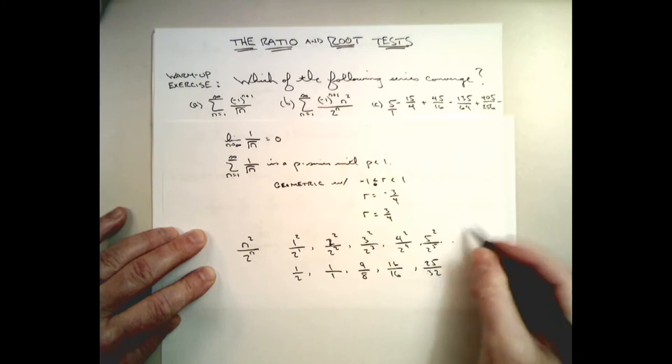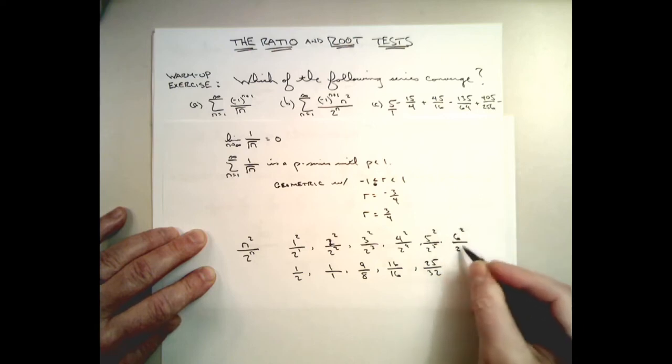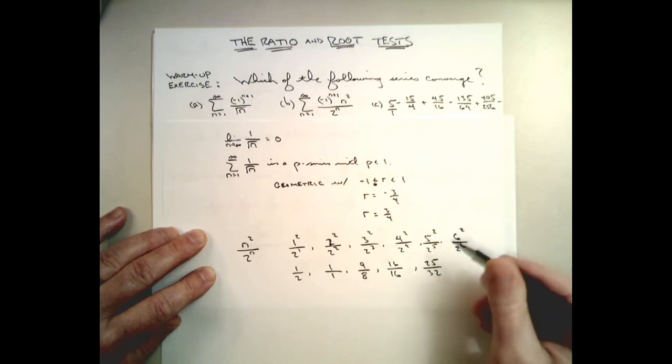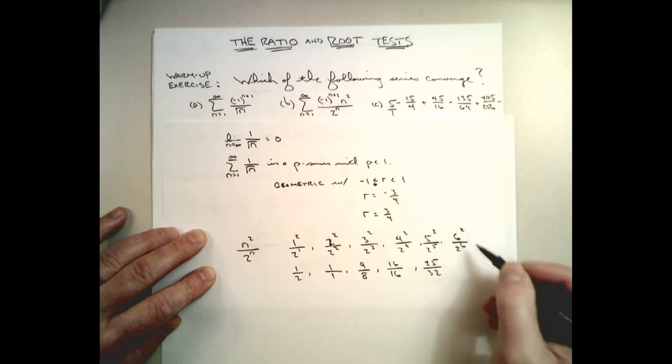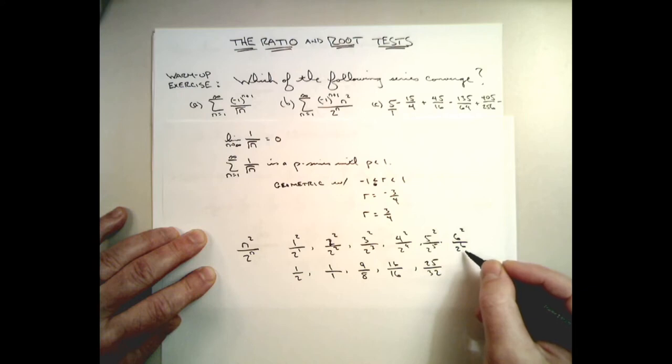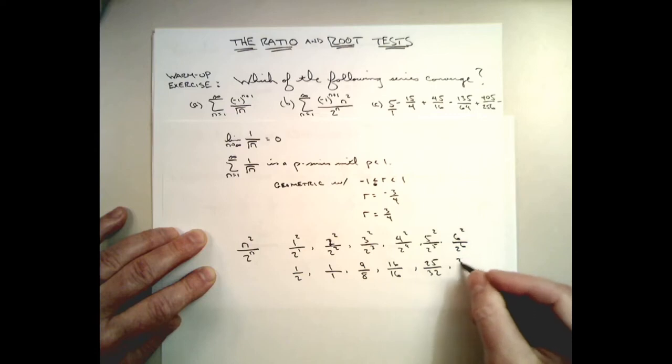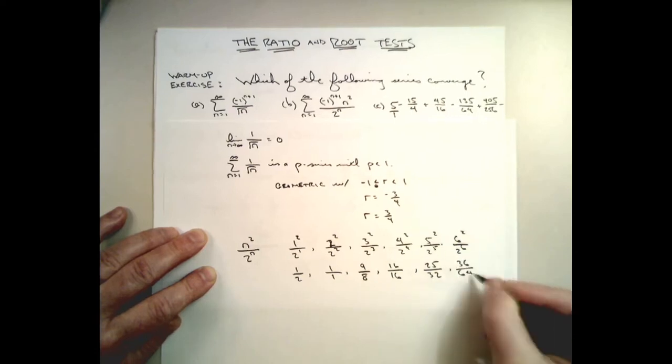And in fact, if we take successive terms beyond this, 6 squared over 2 to the sixth, let's see, this term is changing by a little more than, well, I just increased 5 by 1 and squared it. But down here, I'm actually multiplying by 2. That's going to give me 36 over 64. You see what's happening?